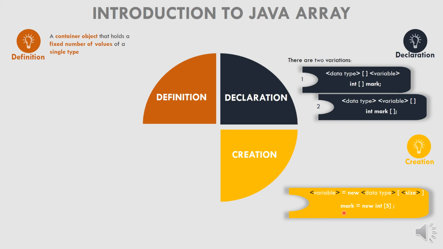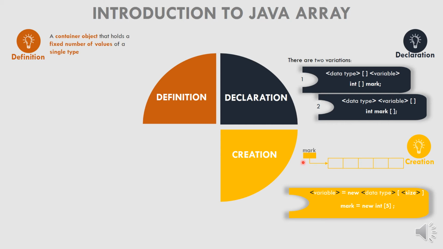Let's take a look at an example. Here, the code instructs the Java compiler to allocate memory for mark based on the number of elements that mark specifies, which is in this case 5.